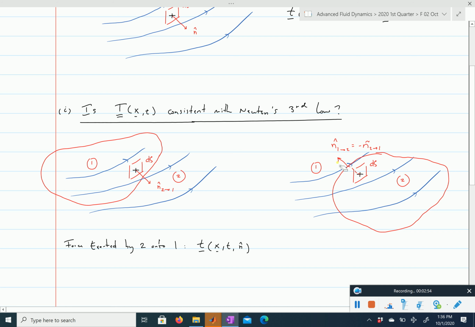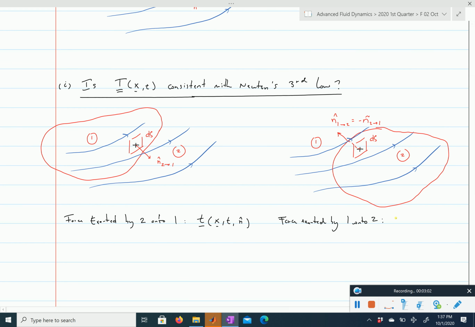So I'm now looking at this control volume, and I'm looking at the force exerted by 1 onto 2. And this force here is equal to the stress vector at x and t, but at the normal vector n, which is equal to n1 onto 2. And here that was n2 onto 1.